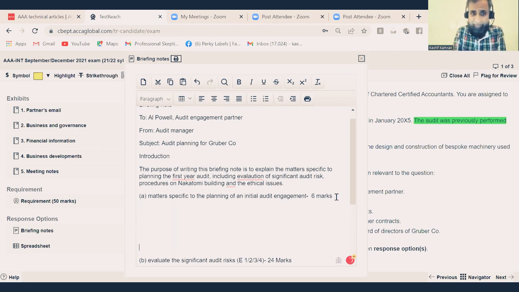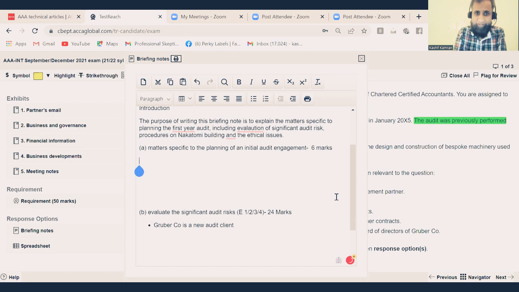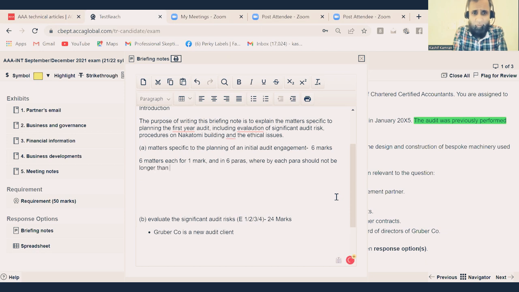So you need to write 6 matters here, each for 1 mark, and in 6 paras, whereby each para, because it's a 1 mark answer, should not be longer than 2 sentences. So you can wrap up the answer quickly. So that's the rule of thumb.